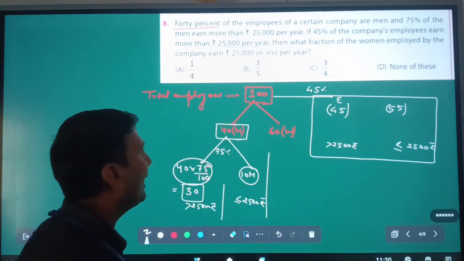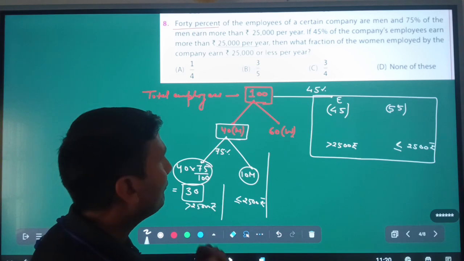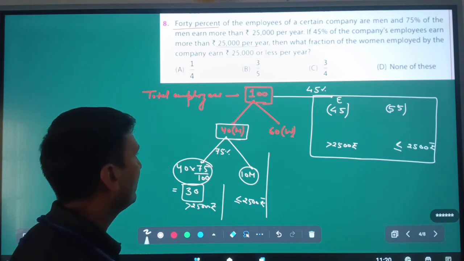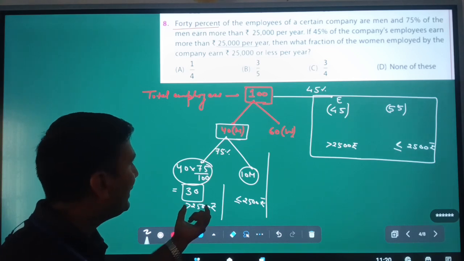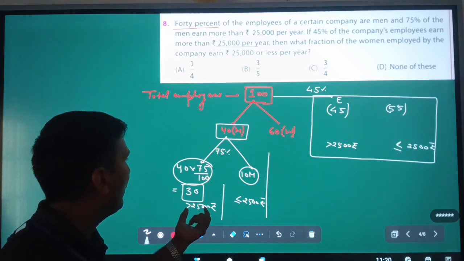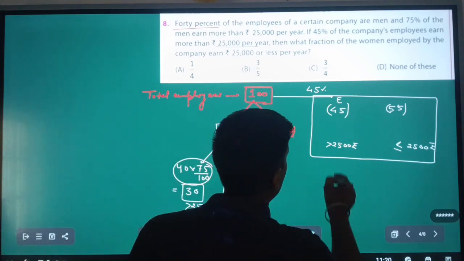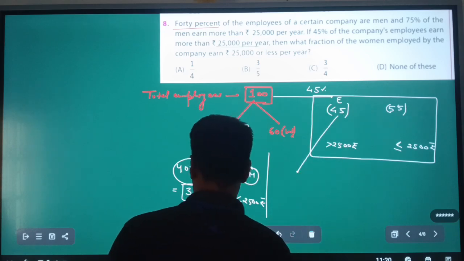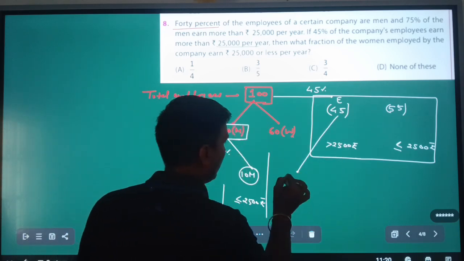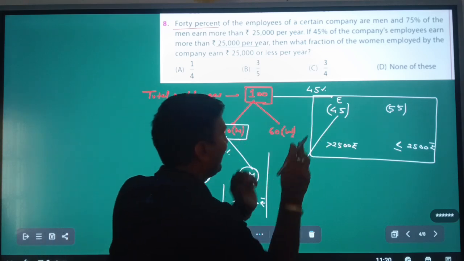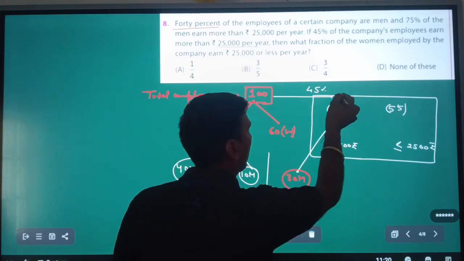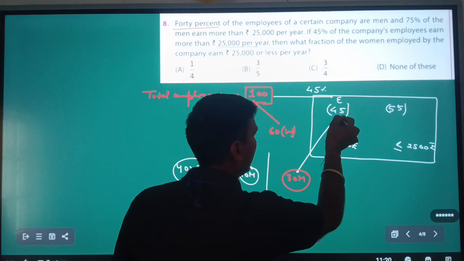Now what we have: 45 are getting more than 25,000. Here 30 men are getting more than 25,000. So out of these, 30 are men because they belong to this category, and the total number of employees is 45.